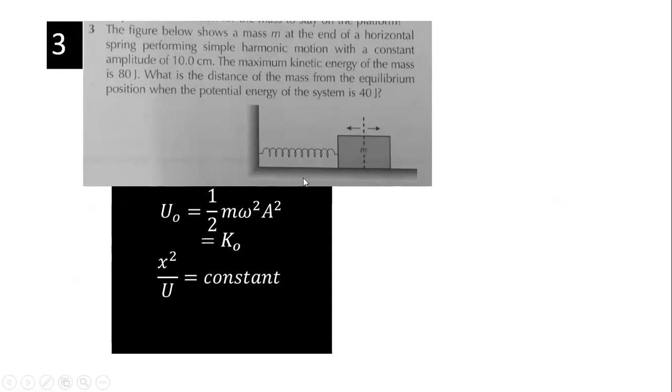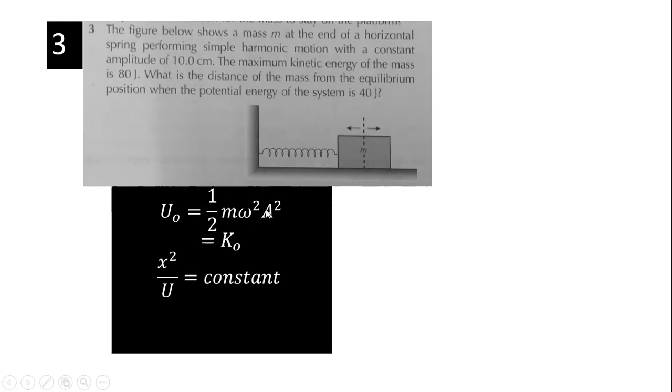And you are interested in potential energy. So what are the variables? The variables are your U and your x. The others are constant, not given, because you use the same spring and the same mass. You change the amplitude, that's all, or change the displacement.